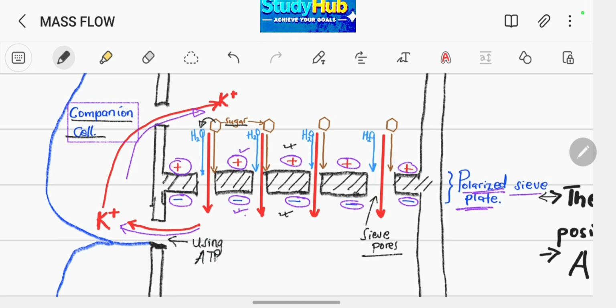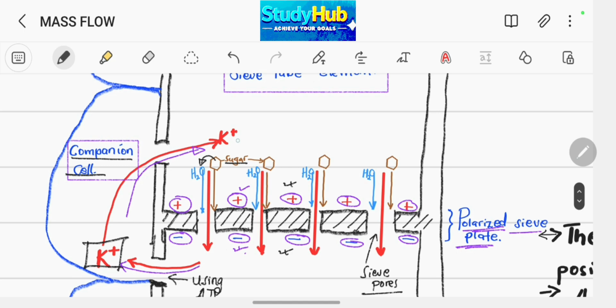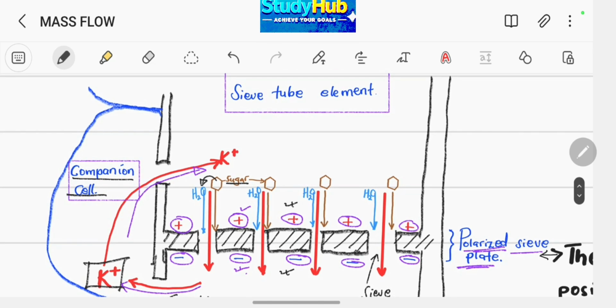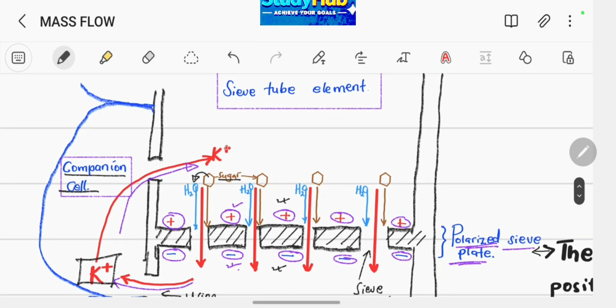As the potassium ions are being pumped using ATP, the companion cell pumps them out into the upper sieve element. Then in the upper sieve element, these potassium ions, since they are positively charged, are going to increase the positive charge up as they leave the negative charge down.